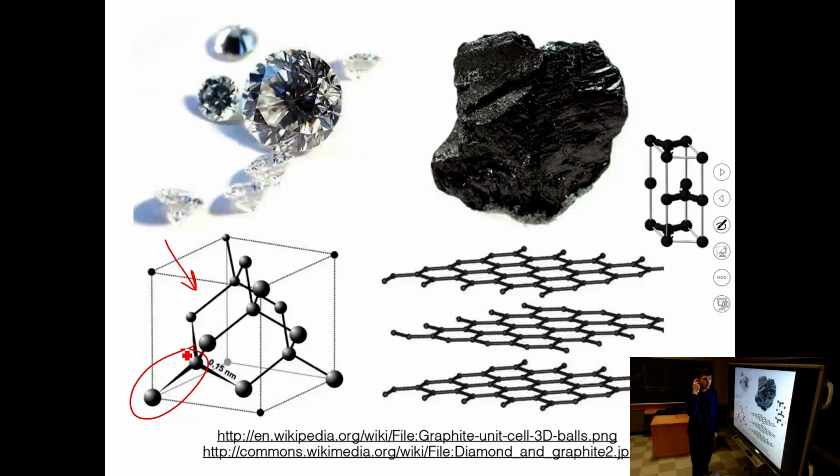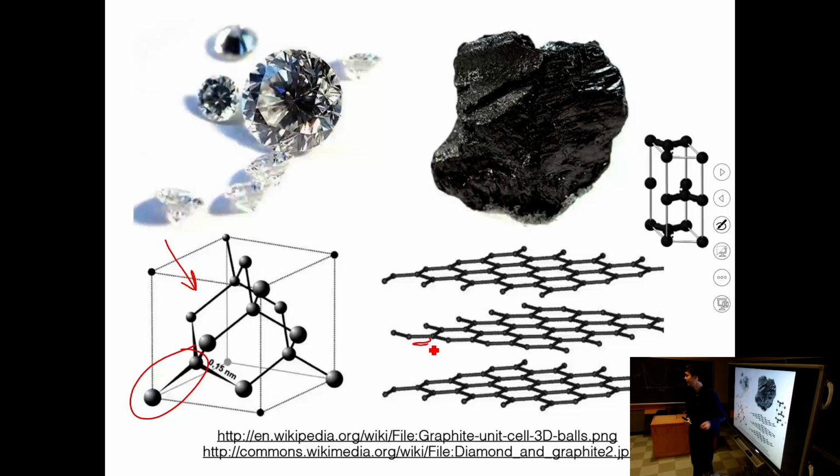On the contrary, graphite is a somewhat unusual crystal for us. We did not look at such compounds in detail before. This is what graphite looks like. You have these layers, and inside layers you have chemical bonds shown by these solid lines.